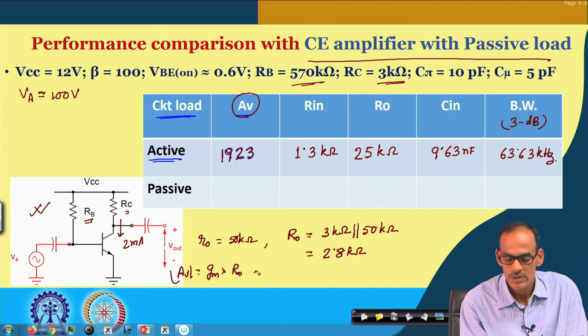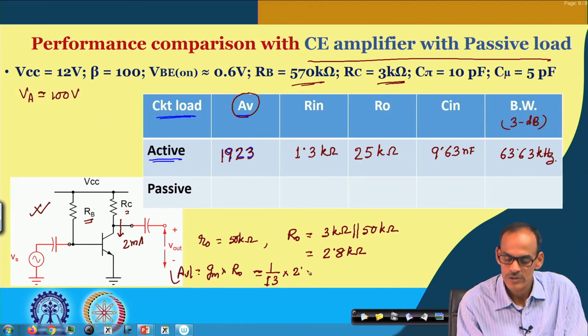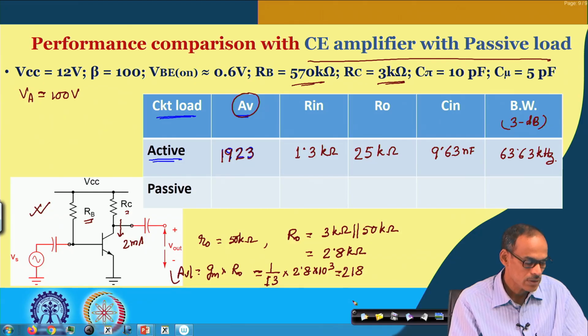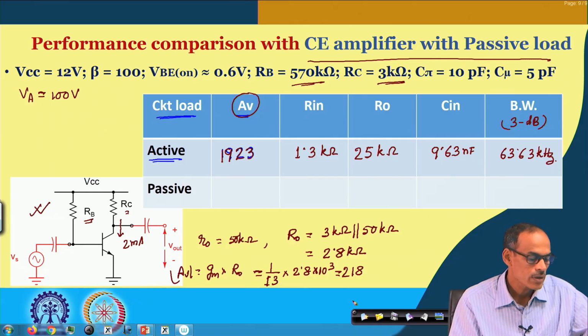So, the voltage gain is gm multiplied by this R_o, which equals 1 by 13 multiplied by 2.8 K. That is equal to 218. I have done this calculation for you.